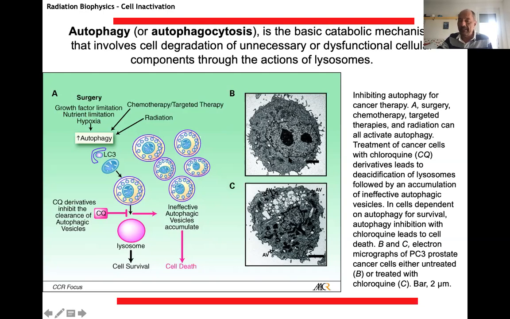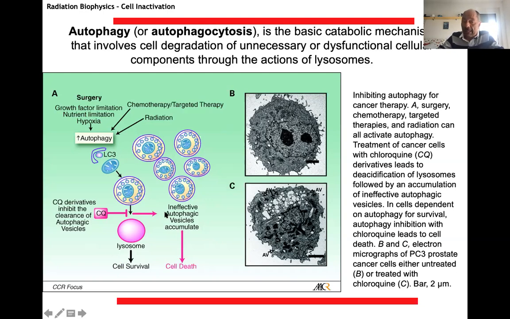You see, these are prostate cells treated with chloroquine. In this specific case, the autophagy is able to isolate dysfunctional cellular components, and so this cell will survive.